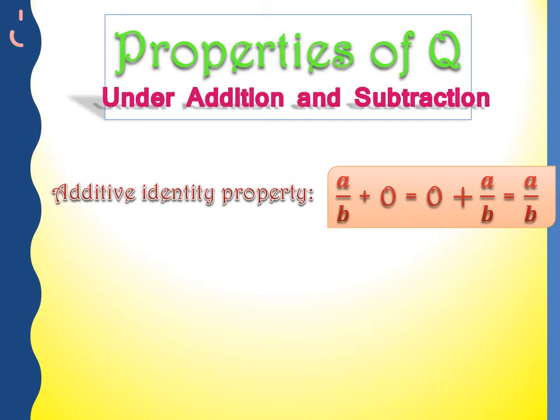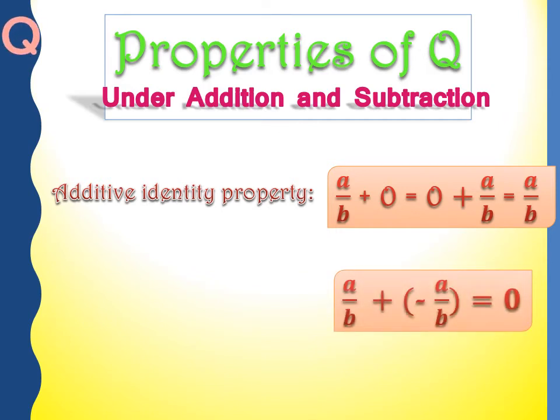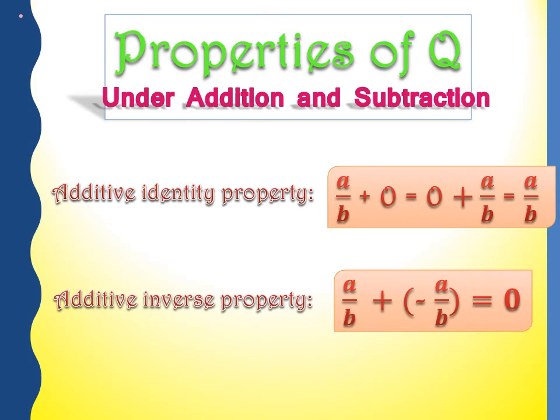And I can write this property like a over b plus negative a over b equals 0, which means for any rational number, the addition of it with its additive inverse equals the additive identity 0.